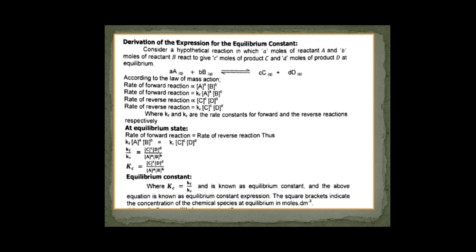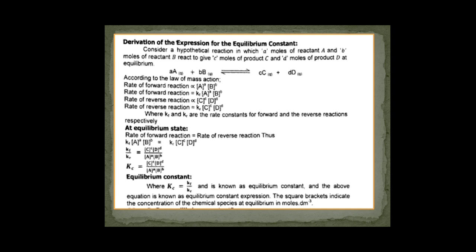Look at the equation: aA plus bB react to give cC plus dD, where a is the moles of the reactant A and b is the moles of the reactant B, where c is the moles of the product C and d is the moles of the product D.